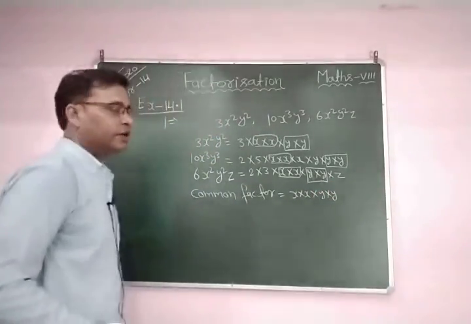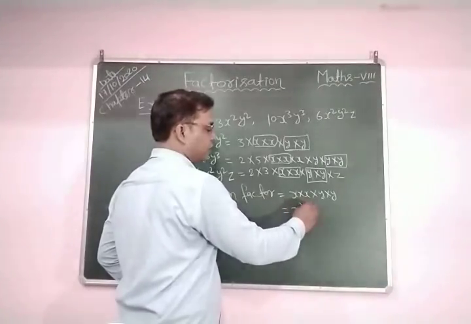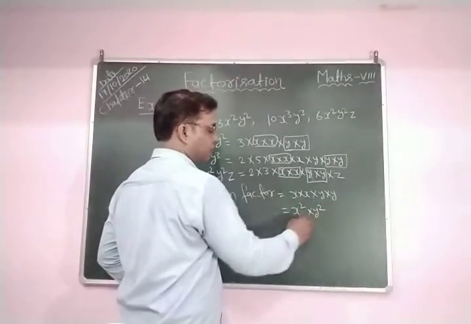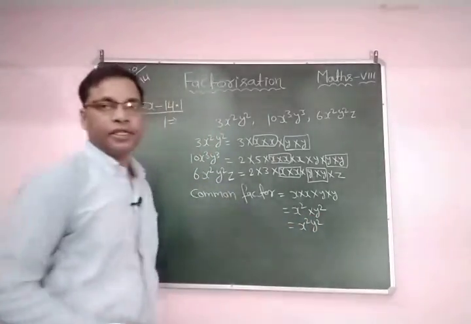Multiply them and we obtain x square y square. This is clear.